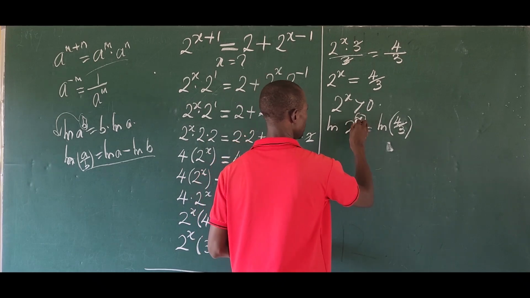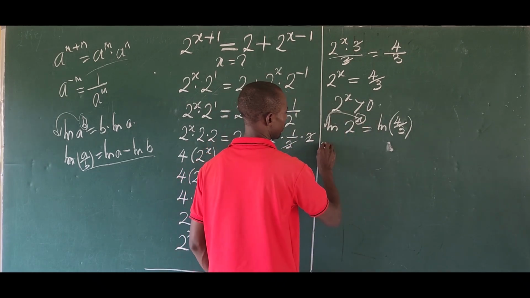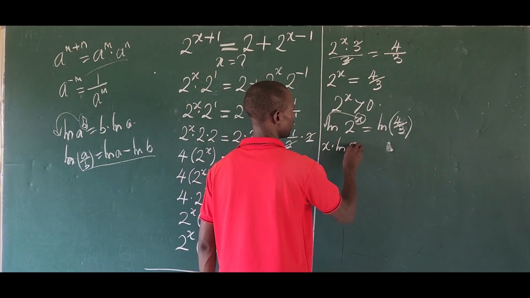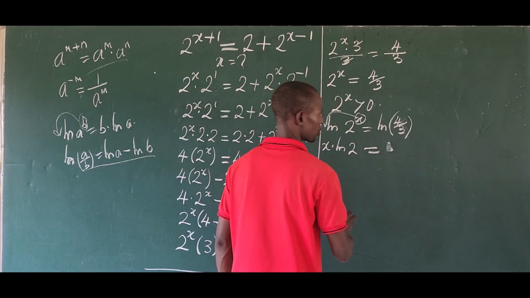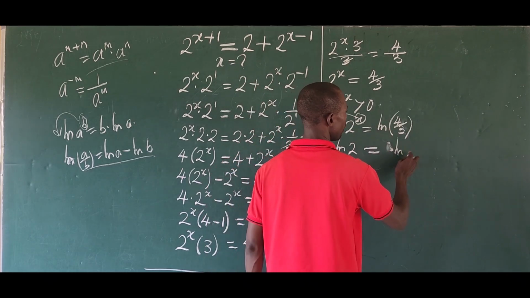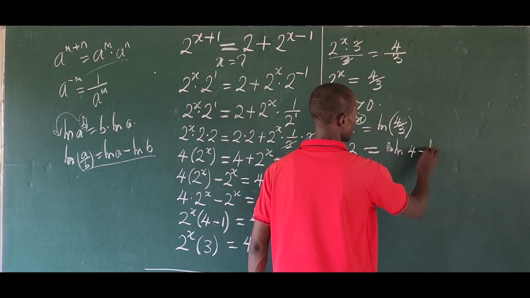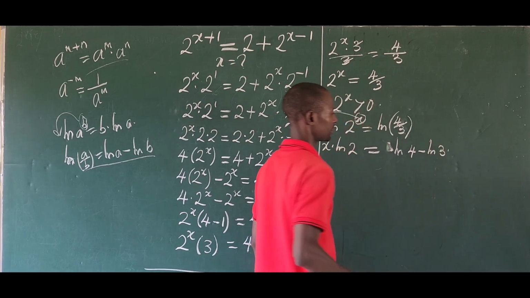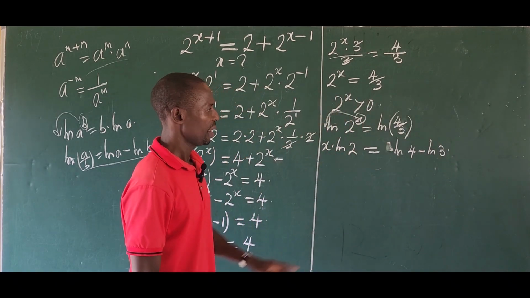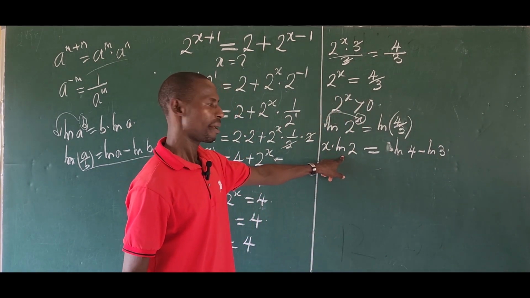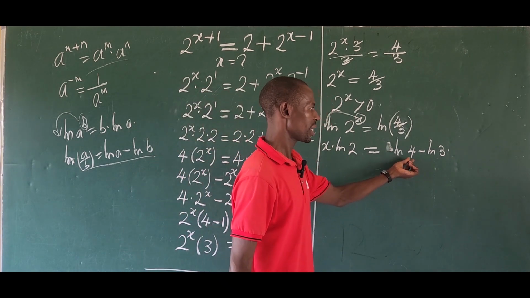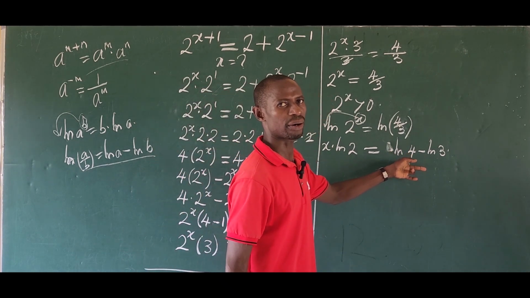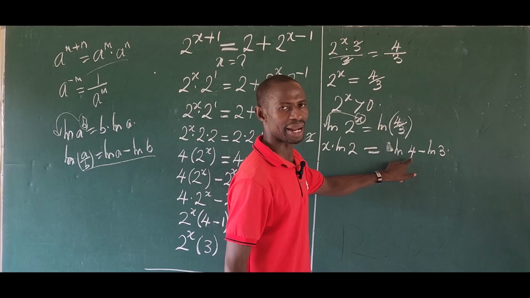So we're going to move this power to the front. So we have x times the ln of 2, which is equal to the ln of 4 minus the ln of 3. Easy. Because we have ln of 2 here, and we can express 4 as 2 to the power of 2, we just have to rewrite this.